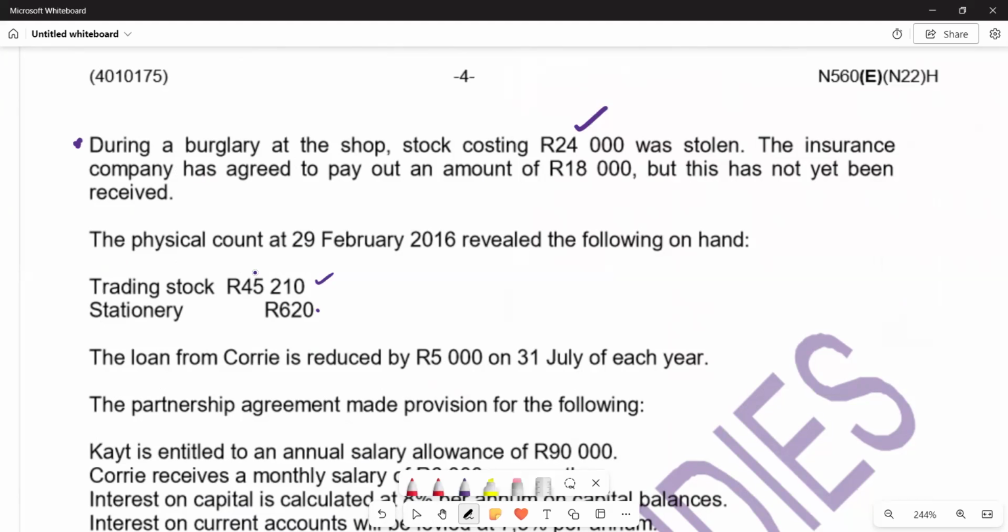Which means out of 24,000 that was stolen, 18,000 is going to be paid. So if we say 24 minus 18, we are going to have a difference of 6,000. So this one is going to be stock loss. It's not going to be paid, so it's going to be an expense again. So it's lost due to burglary. So you go there.